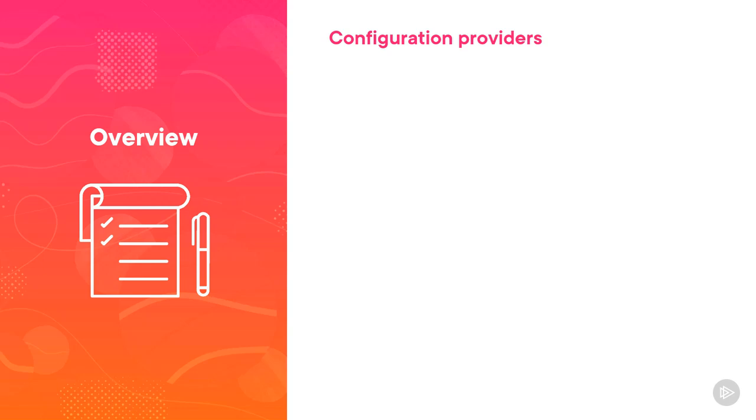from several sources. We'll begin by reviewing the default configuration providers automatically added when using the default web host and the ASP.NET Core templates. We'll visualize how the final configuration is populated from the multiple configuration sources.